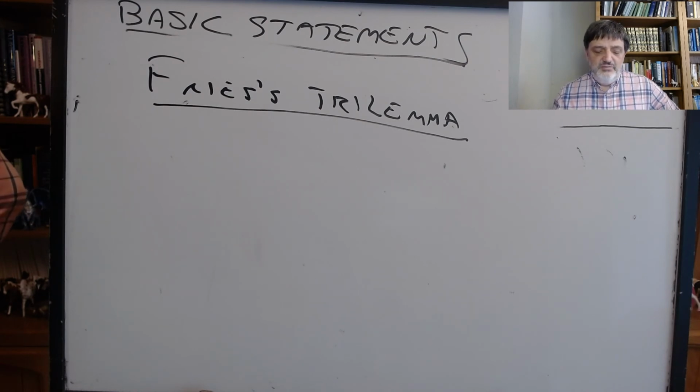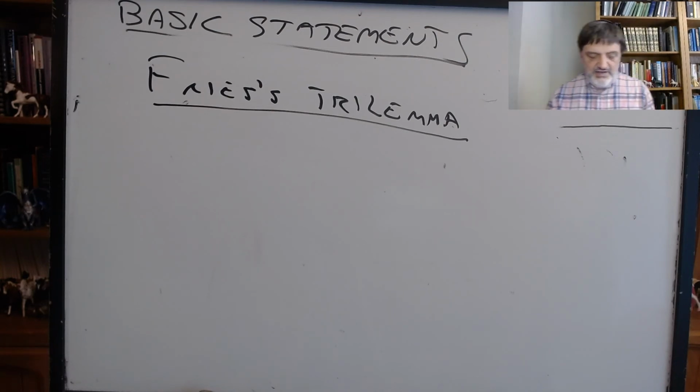And this is a little bit of a tricky point. You might think that the statement, this pen is black, is implied by the blackness of the pen or something like that. But that's not right. Implication is a relationship between statements, not between properties of pens and statements. So statements are only implied by other statements.